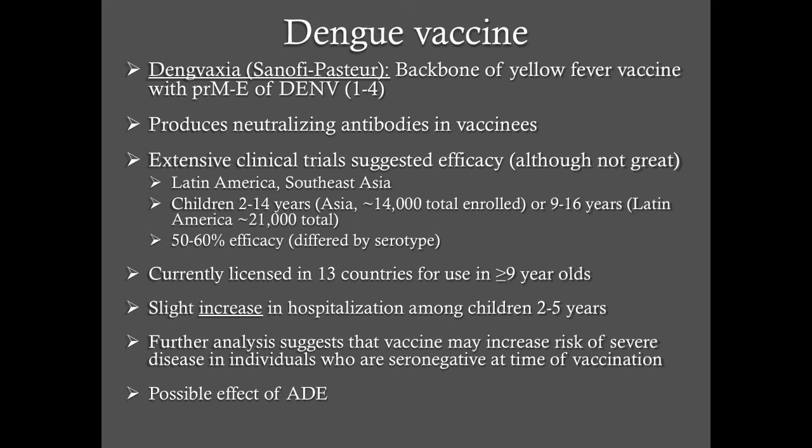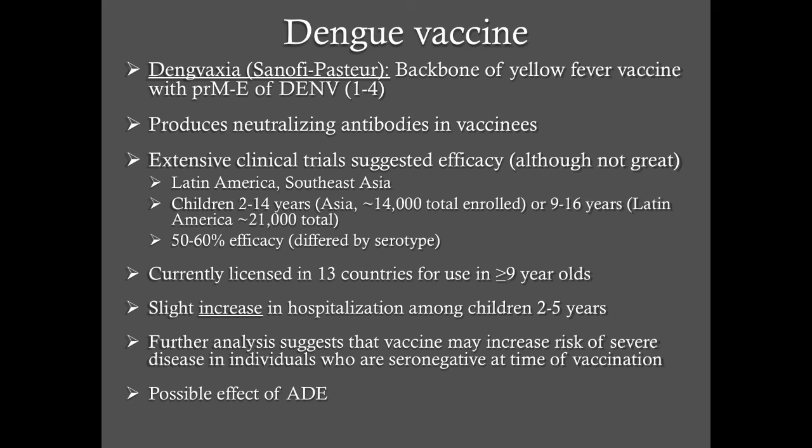This caveat came from some studies in the Asian cohort, which noted a slight increase in hospitalization among vaccinated children 2 to 5 years. So what was all that about? Why did it make things slightly worse? That's dengue-involved hospitalization.